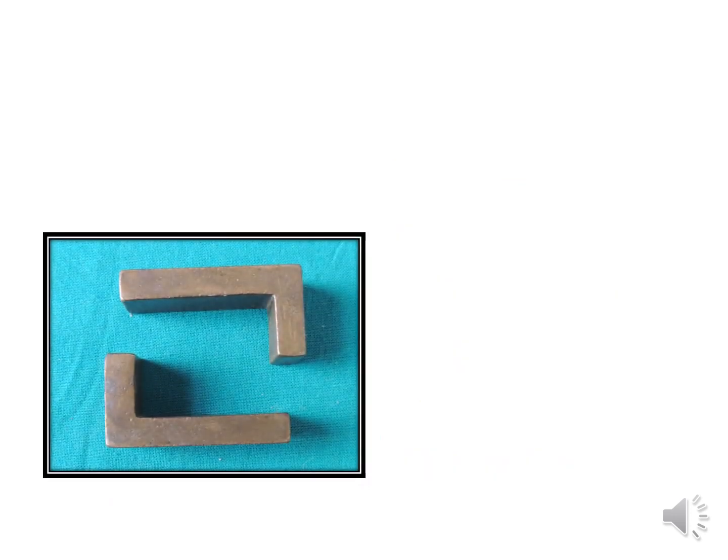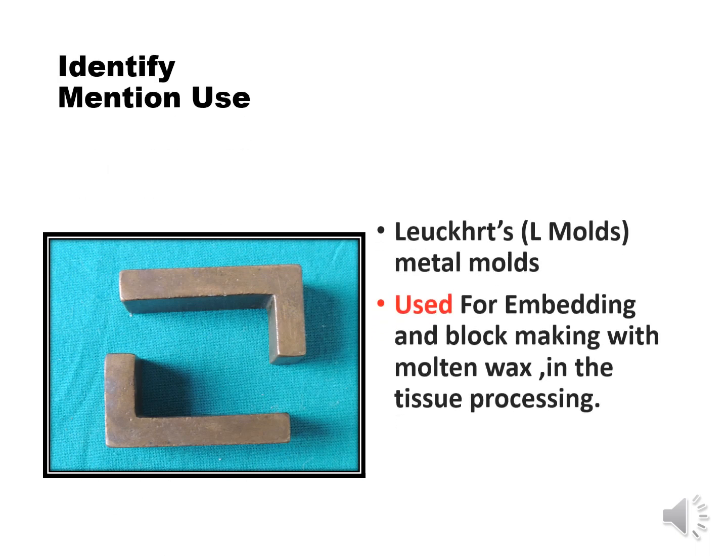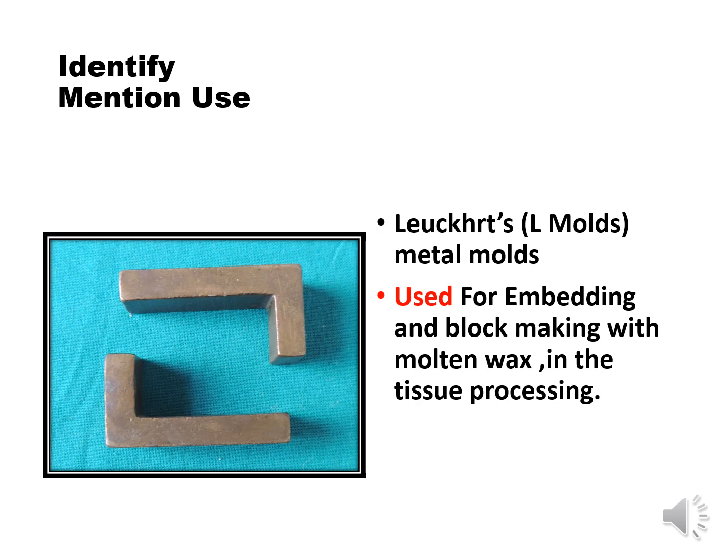This is a mold, the two blocks known as Leuckart's mold. These are metal molds used for block making with molten wax in tissue processing, what is known as embedding.